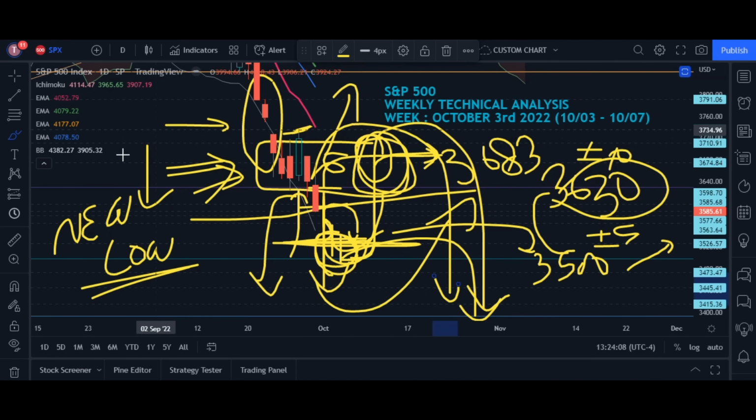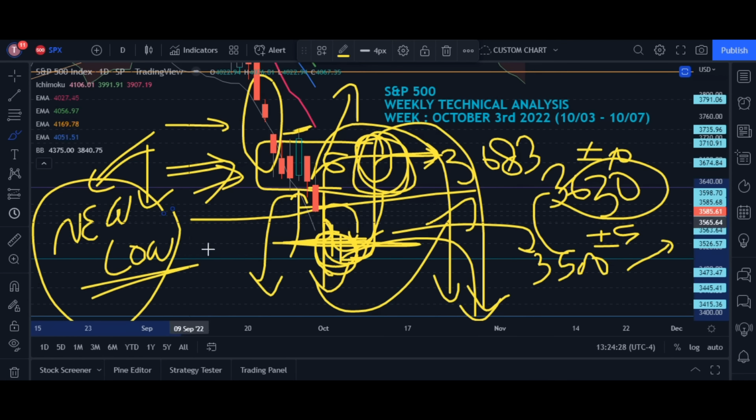So as of now, until and unless, I repeat, until and unless a new low is found, the S&P 500, the stock market, the Dow Jones and the Nasdaq, everything will be coming down, everything will be bearish. Only when the new low is seen, not only in the S&P 500, it may be seen in the Dow Jones, it may be seen in the Nasdaq.